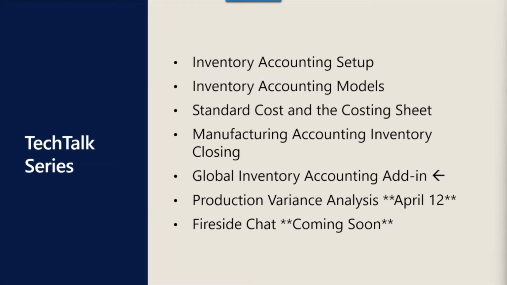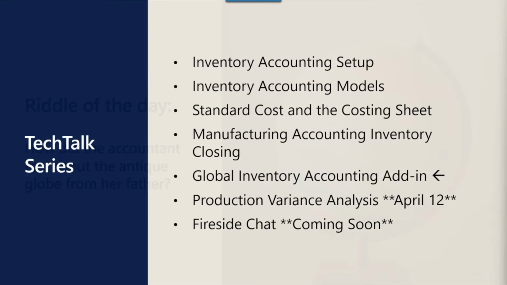In this fireside chat, we will be answering your questions that we haven't been able to get to during the live sessions, and we hope you'll join us for these additional Tech Talks. Be sure to get registered for these new sessions so that they're added to your calendar. Parts 1 through 5 have been recorded, and you can find those recordings on the Tech Talk Dynamics community page.